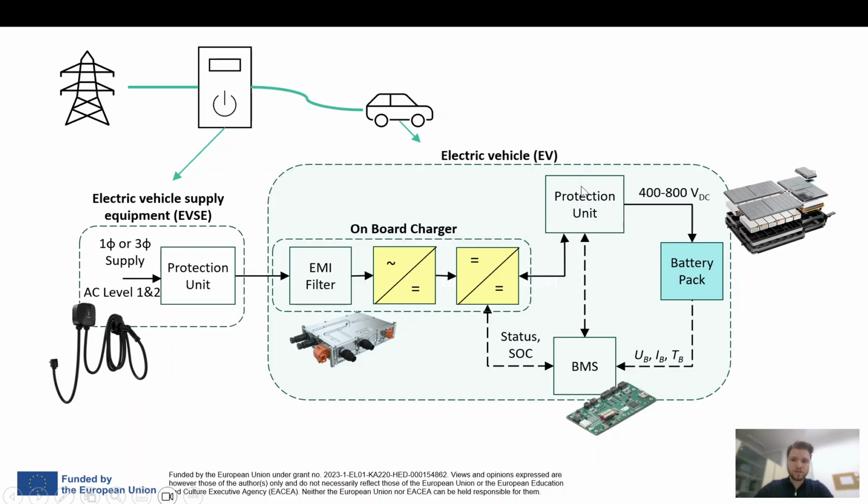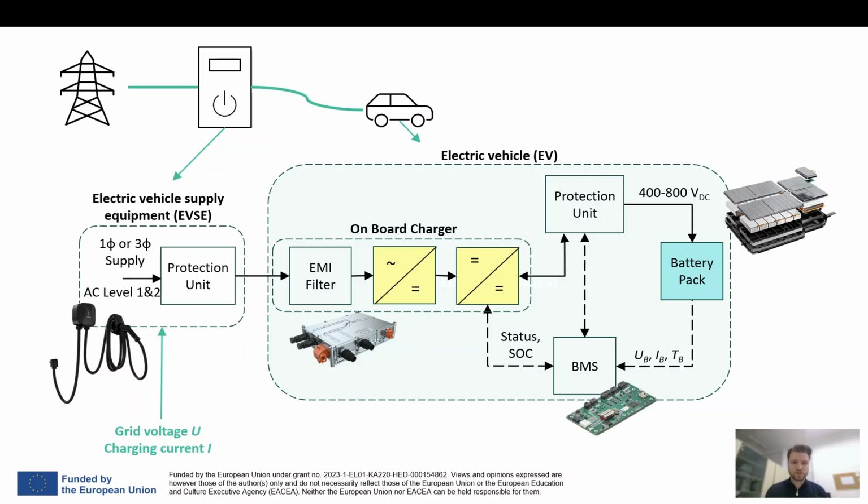So it may open the circuit and stop the charging from the onboard charger to the battery pack. Something like this may also happen if there is a significant temperature rise, which may lead to a fire in some battery chemistries. Not all of these parameters are important to us for the model that we're going to use to represent the charging of an electric vehicle.